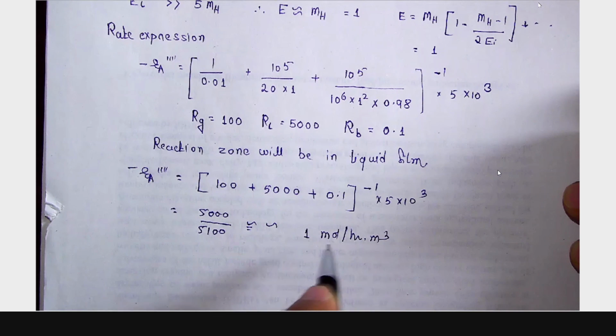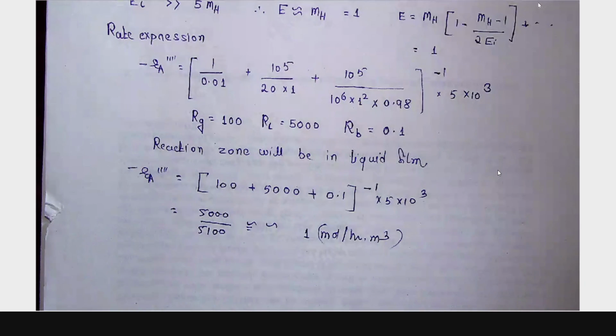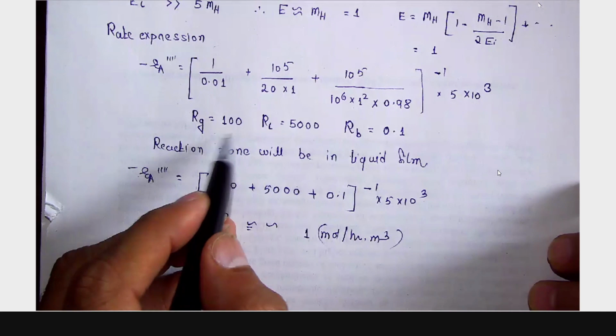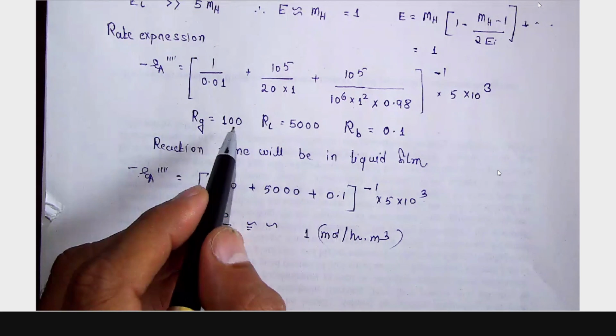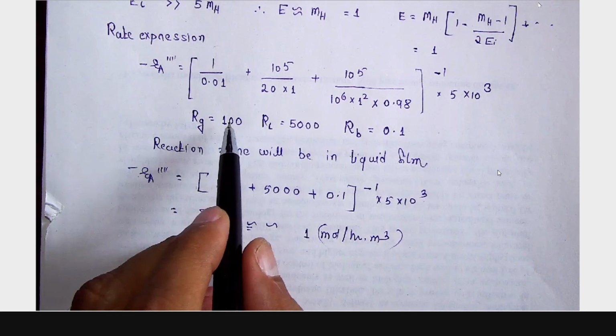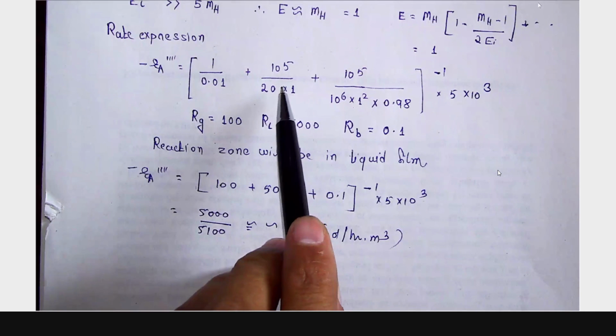The major resistance is in the liquid film, and the gas film resistance is very small: 100 divided by 5000, just 2%. So the major control will be the liquid film.